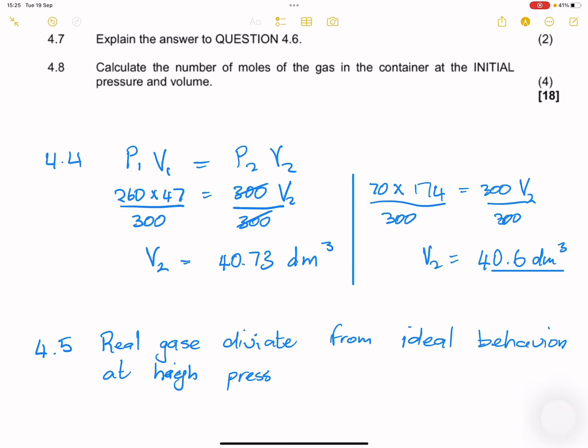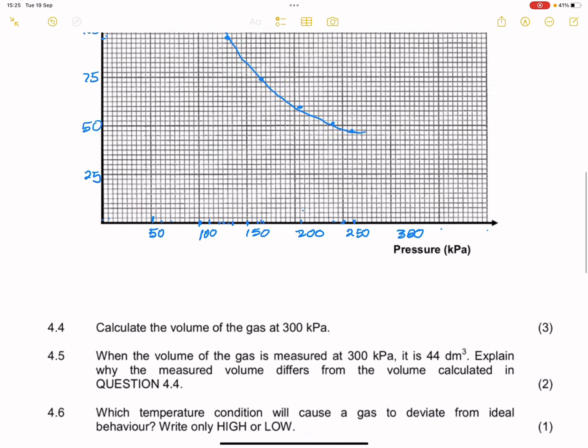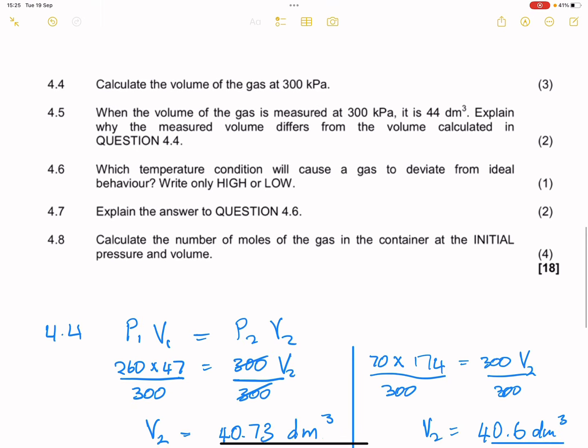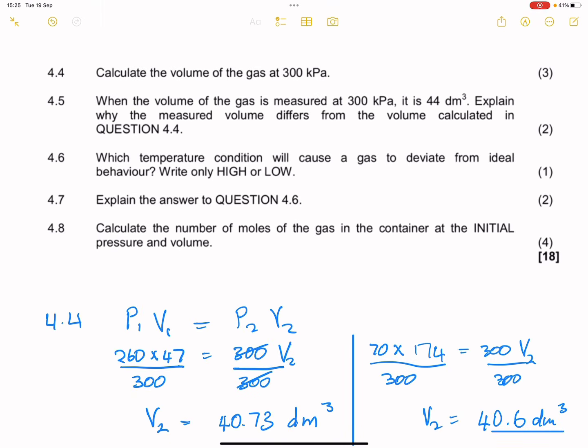Alternatively, you can say that the calculation that was made assumed that we are dealing with an ideal gas, whereas the measured gas is rather a real gas. Of course, there should always be a difference there.